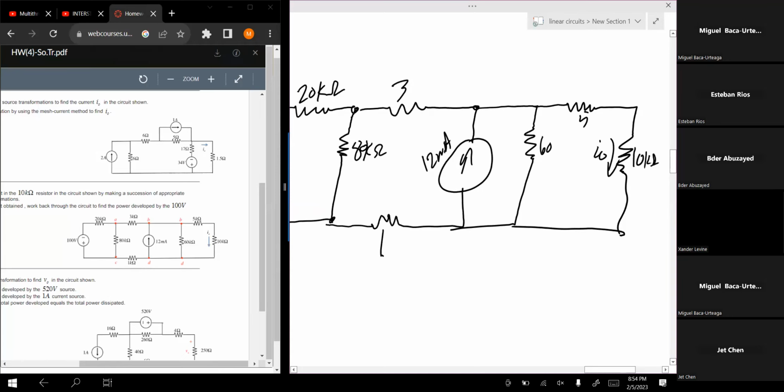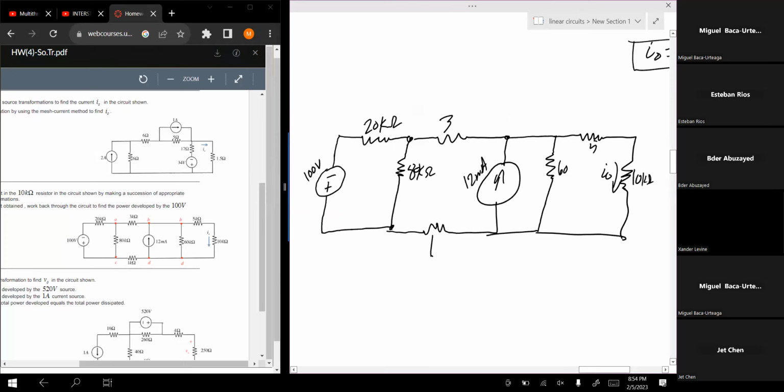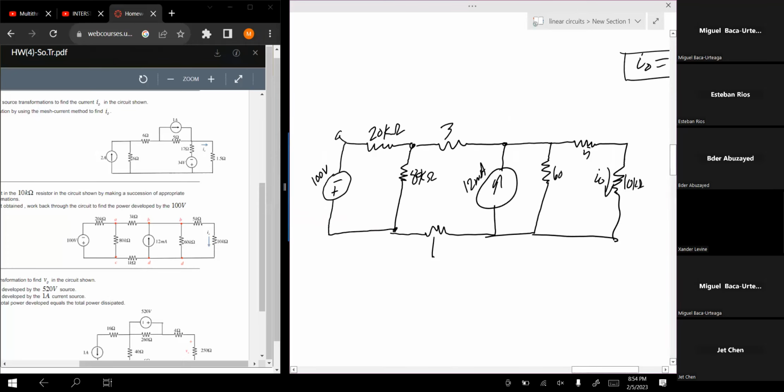Okay. So what I'm seeing, let's label our nodes. A, B, C, D, E, F. Okay.